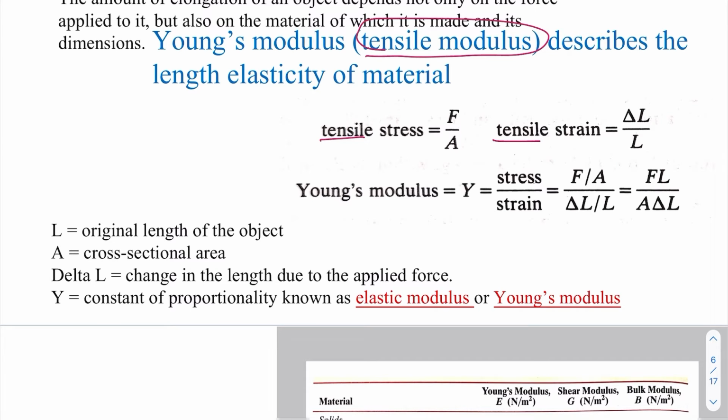So Young's modulus is the ratio of the stress to strain, as you see in this equation, and it is denoted by capital letter Y. The unit for Young's modulus is again Newton per square meter because strain, as we said, has no unit. It's just a number.